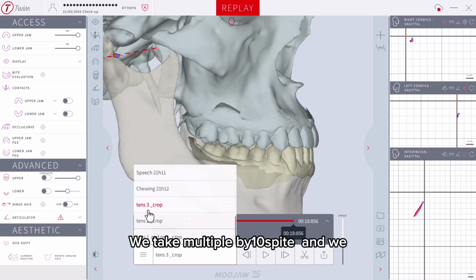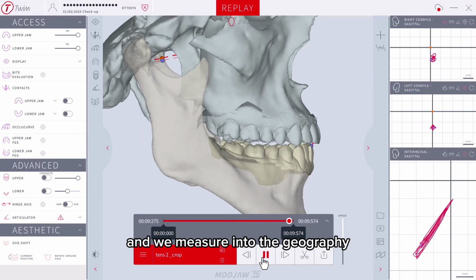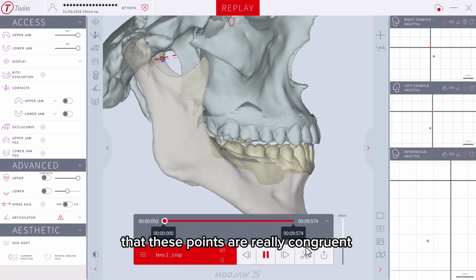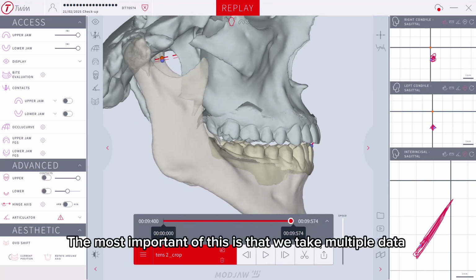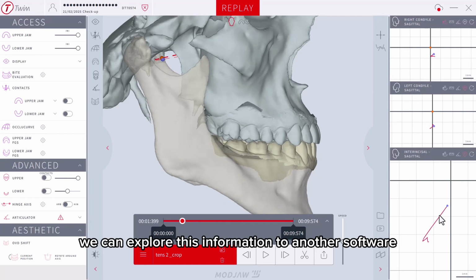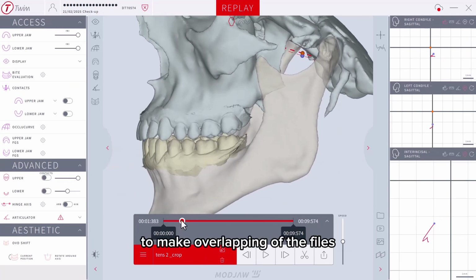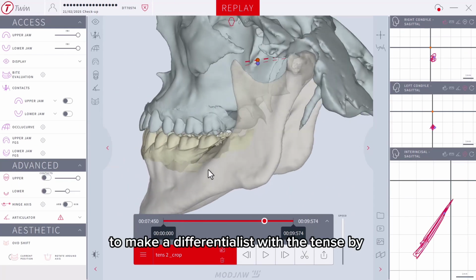We take multiple bites, ten bites, and we measure in the axiography that these points are really congruent. The most important thing is that we take multiple data, and from here we can export this information to another software to overlap the files for a different analysis.